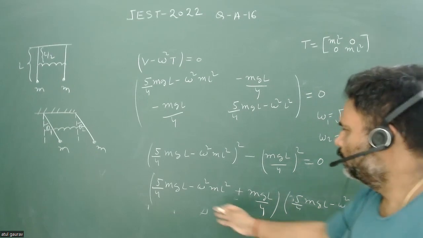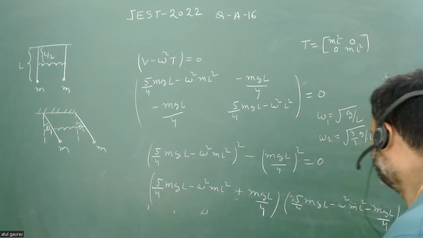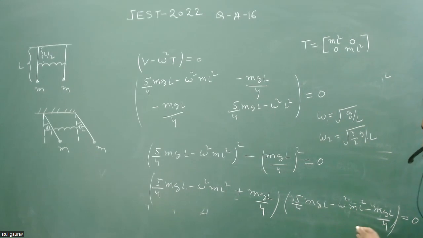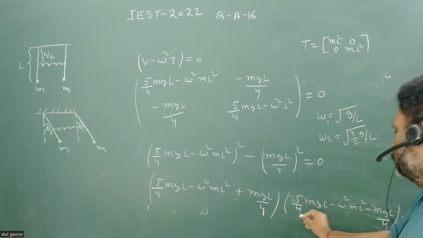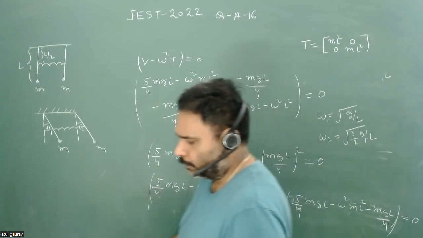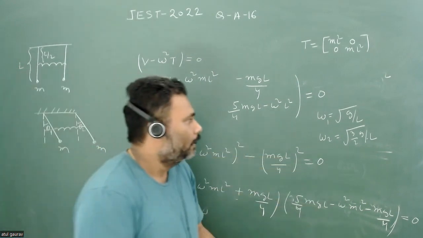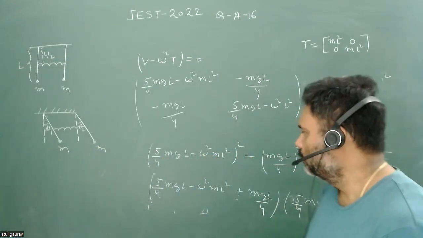You can easily solve it. First you add, then that will be 1, so you have g by L. Then you subtract, then you have 5 minus 4, so from here we have 3 by 2 g by L. So this will be your answer, and we have to find omega 2 by omega 1.